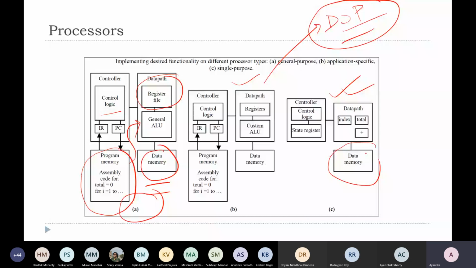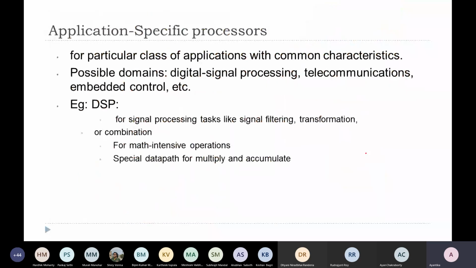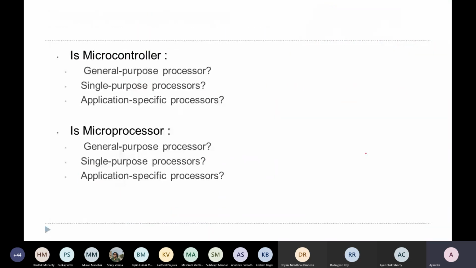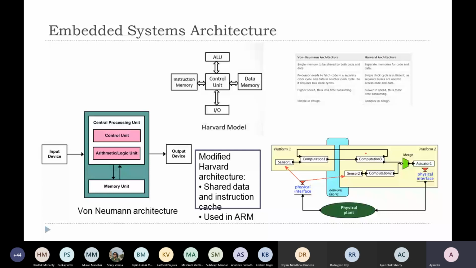Based on that, I will take either a general purpose or an application specific processor, and whatever processor I am taking or developing, it should have these three: the arithmetic logic unit, the memory where you are storing, and the control unit. This is the basic structure of system architecture.